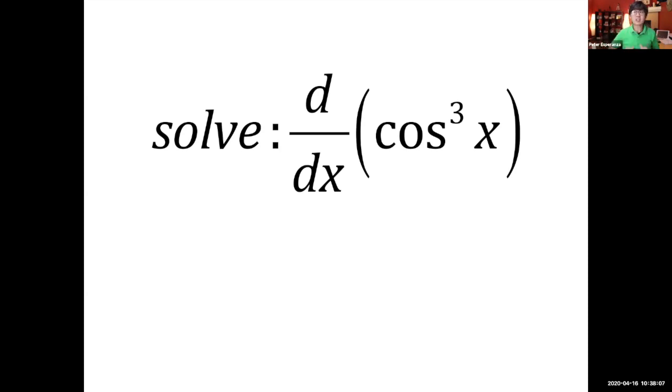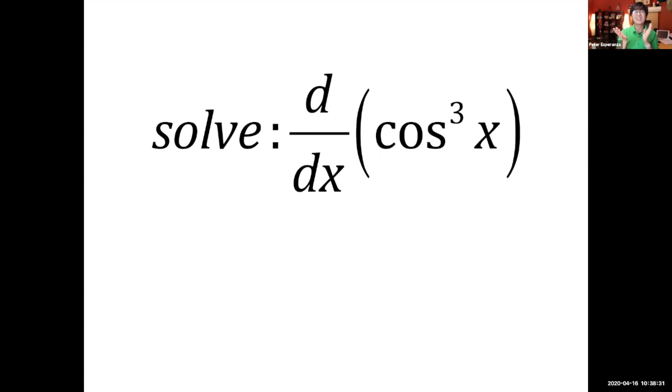So in this particular case, cosine cubed x can be rewritten as cosine x raised to 3. Remember that in trigonometry, there are two ways to write exponents. Sometimes it's in between the trig function and the argument, sometimes it's outside the parentheses. So one version of this is cosine x raised to 3.